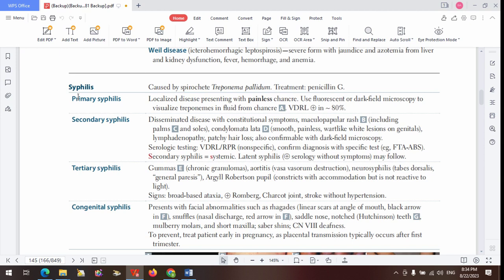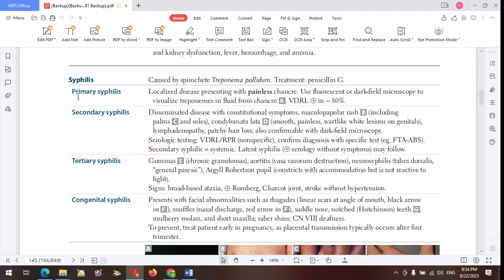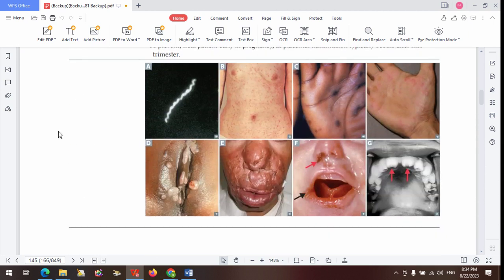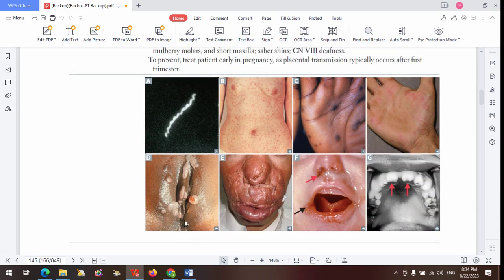Then the third one, affectation of the mucosa, is condylomata lata, where we have smooth wart-like lesions on the genitals. Somebody having this wart-like lesion that looks like HPV infection, but whitish. The lesion affects the vulva area, the outward part.